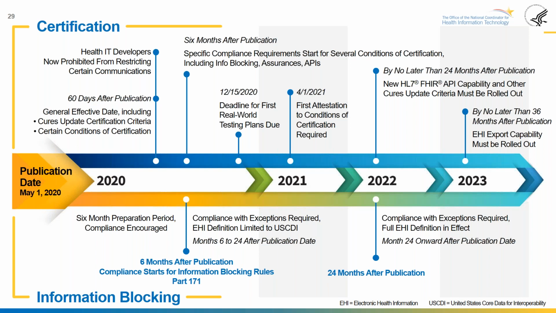As a technical standard, the US CDI operates in certification, and within information blocking, it describes the types of information that are expected to be available for access, exchange, and use.